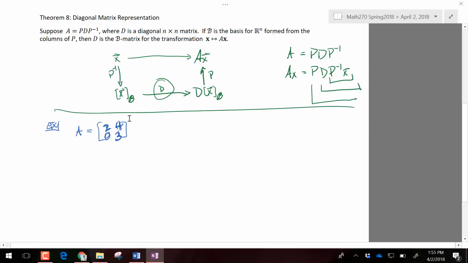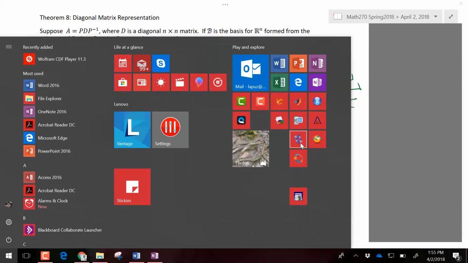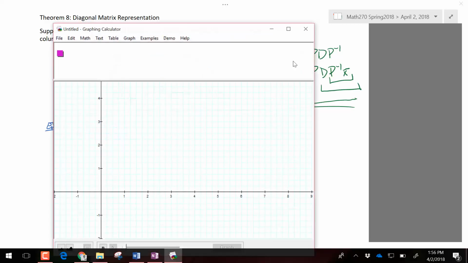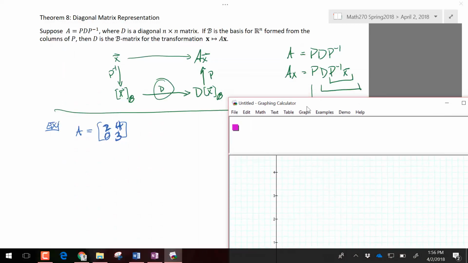So let's see, since we're talking about transformations, let's see if we can get an easy visual out of this. First, we need to define a space here.